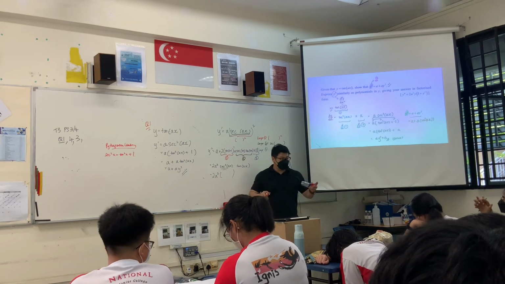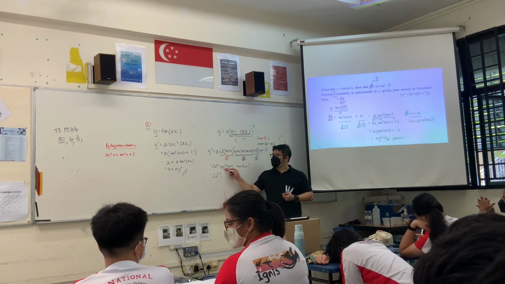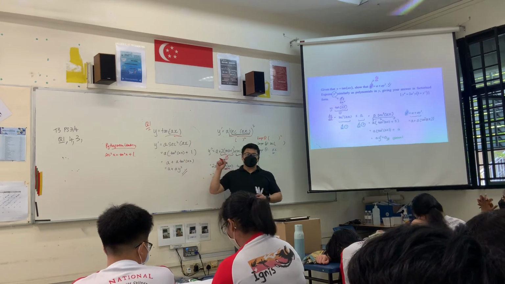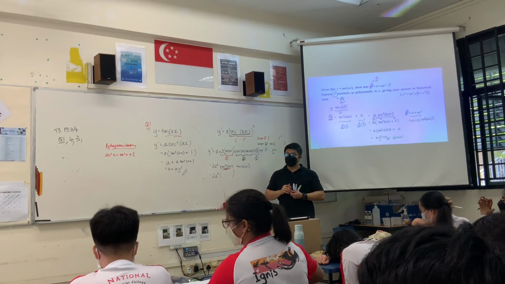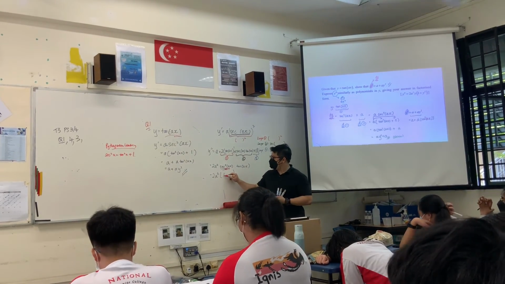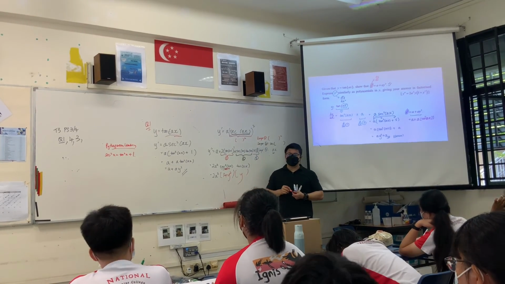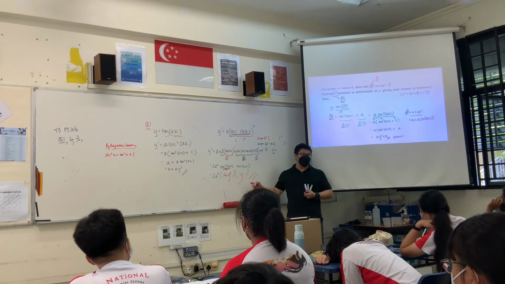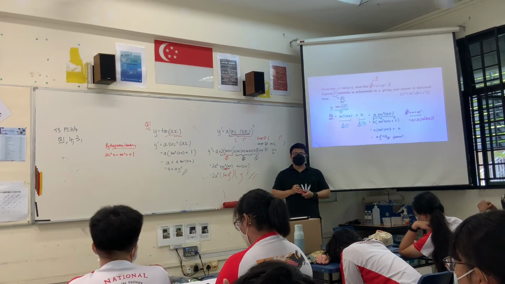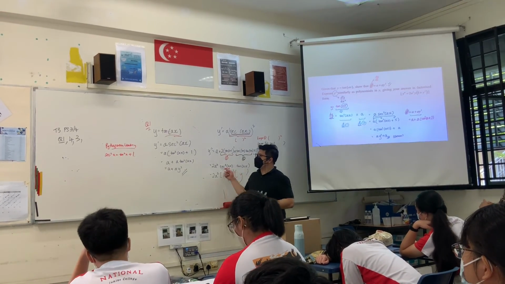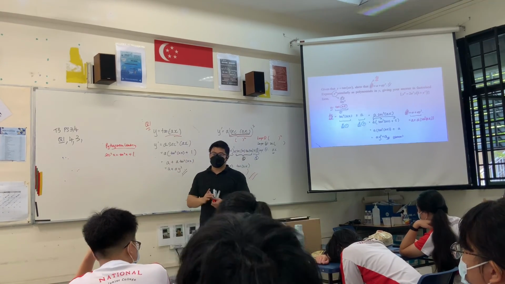Wow, very close. Secant square in terms of what? 1 plus y squared. Very good. 1 plus y squared. Then tangent ax will just be 1. So you are done with this answer. Secant square is 1 plus y squared.